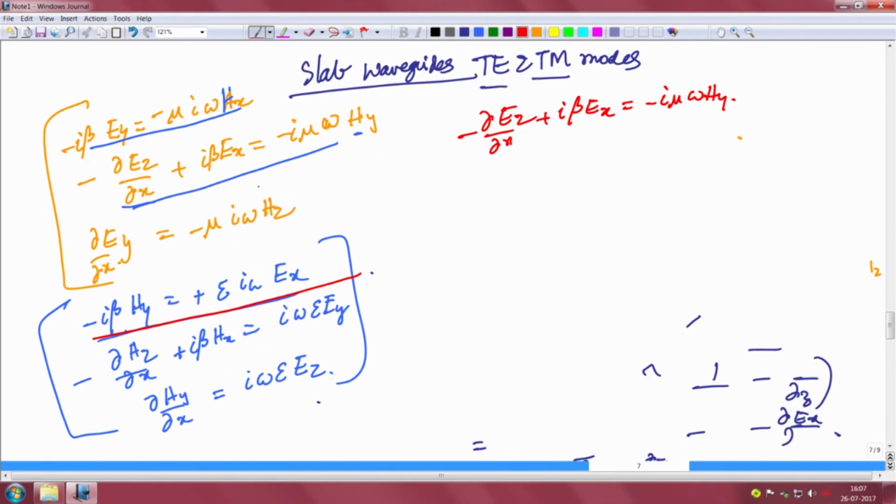And if we note carefully, we will see that the Ey component is related to the Hx component and also to the Hz component. So, this is a group. The Ey component is related to Hx and Hy in this equation, and to Hx and Hz in the other.